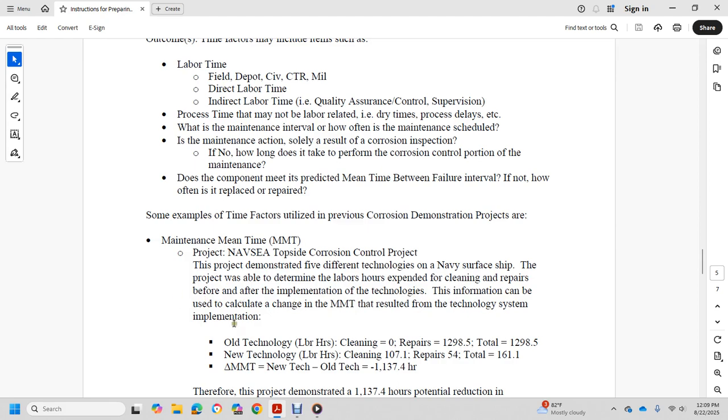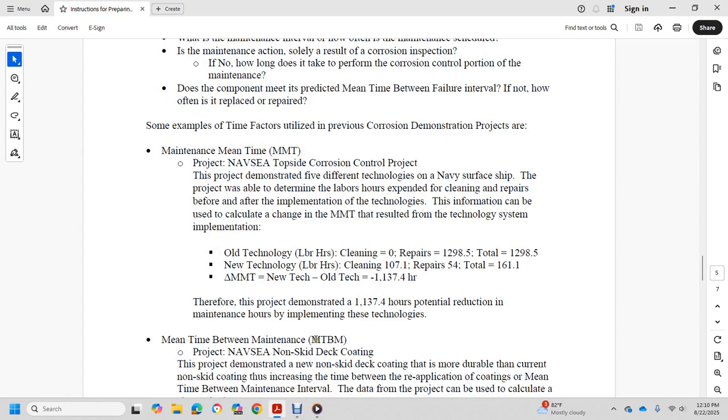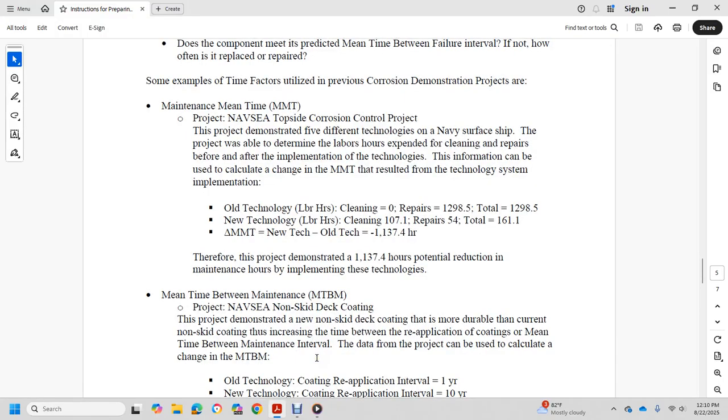The result of the technology implementation: old technology labor hours, cleaning equal to 0, repairs; new technology labor, cleaning, repairs; total maintenance mean time is new technology minus old technology in hours. Therefore, the project demonstrated a potential reduction of maintenance hours with the implementation of the technology.